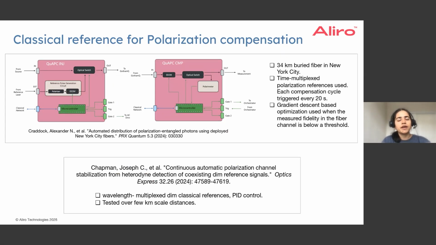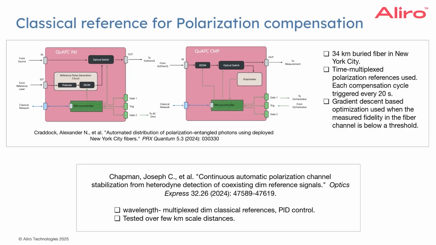I also want to talk about another work that was conducted by a startup, QNect, and deployed in New York City. This was a work that involved 34 kilometers of buried fiber in New York City. And in this case, time multiplexed polarization references were used.